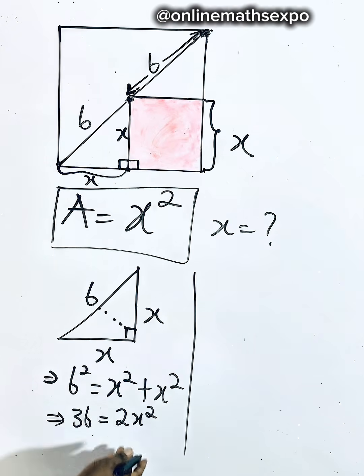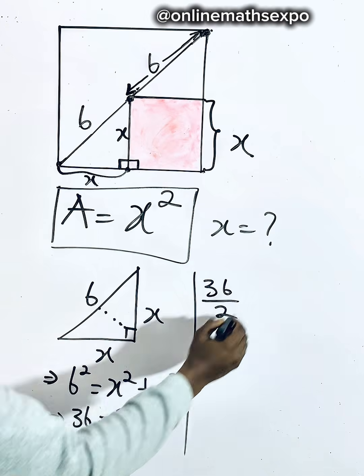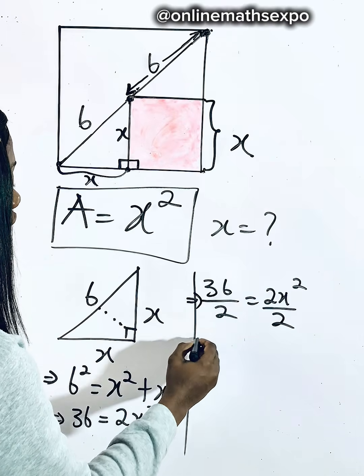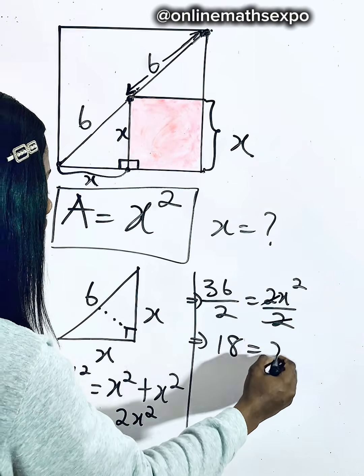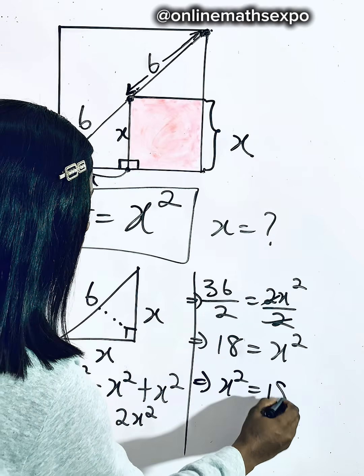So what do we do? Divide both sides by 2, by the coefficient. So you do the same here, divide this by 2. And when you do that, it gives you 18 is equal to x squared. This means that x squared is equal to 18.